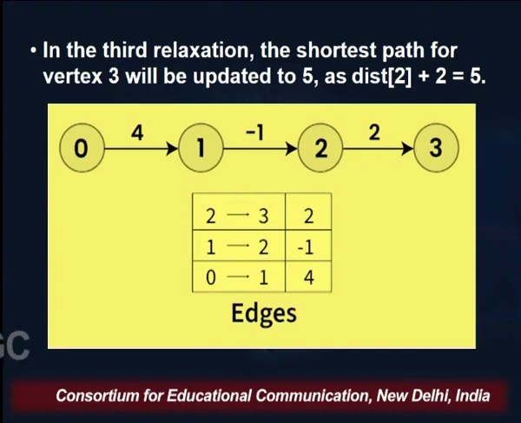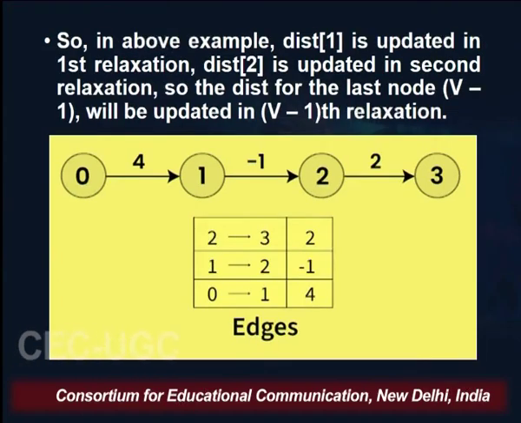So, in this example we have seen that distance to 0, which is from source to source, is 0 only, distance to 1 is updated in the first relaxation, then distance to 2 is updated in the second relaxation, and the next one, which is distance to 3, is going to be updated in the V minus 1th relaxation.